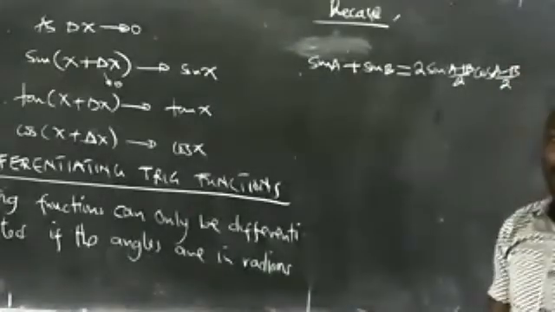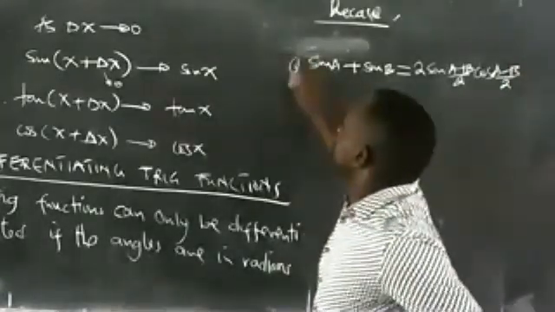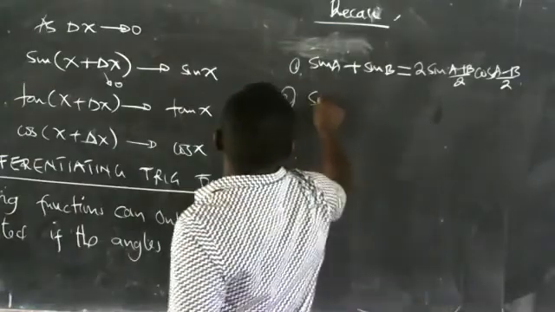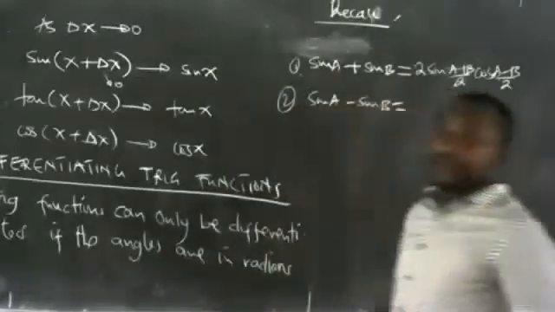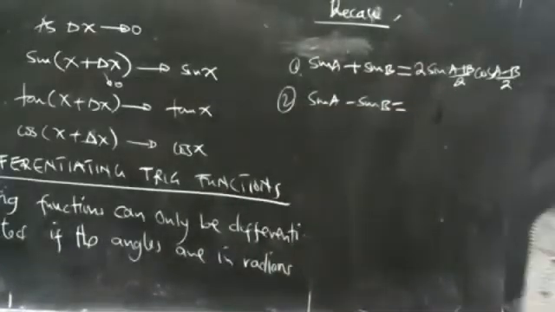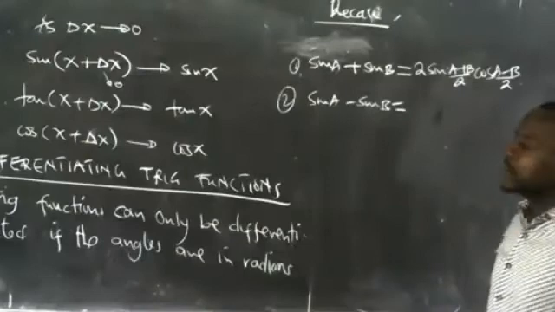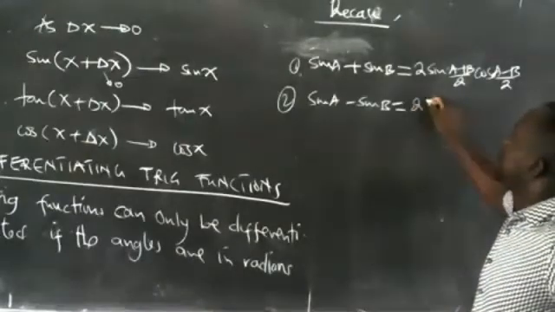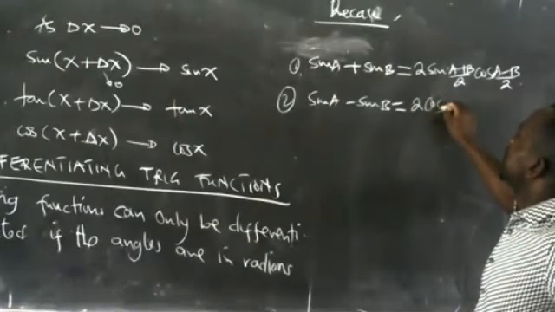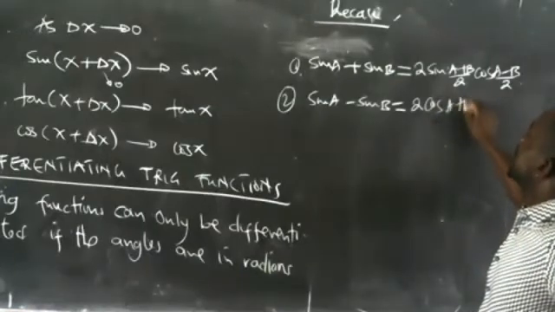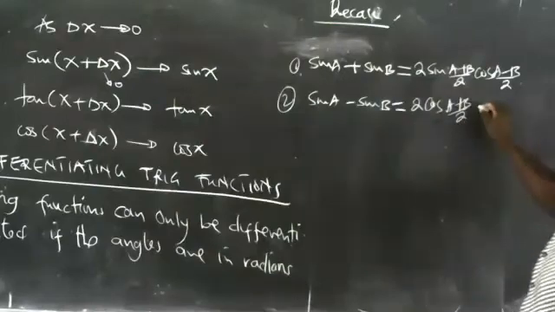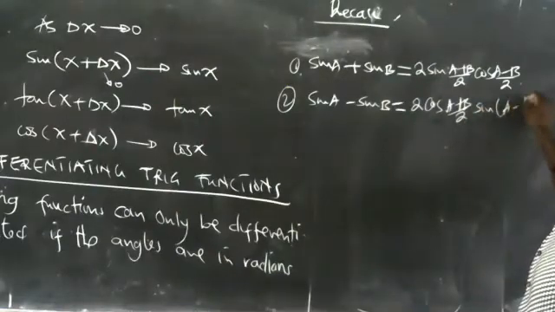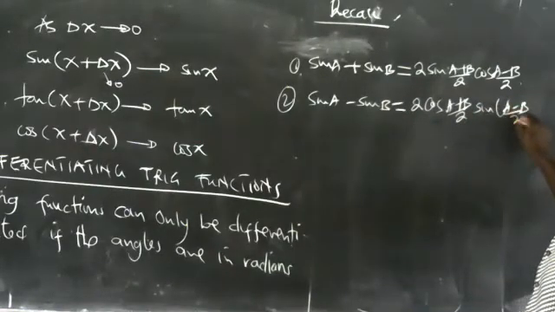Okay, that's correct. Next, sin A minus sin B. What do we get here? You get 2 cos of (A plus B) out of 2, sin of (A minus B) out of 2.